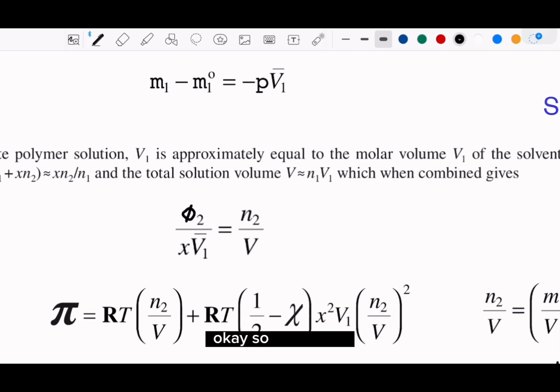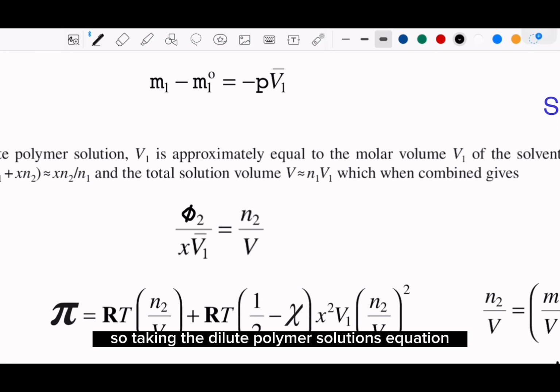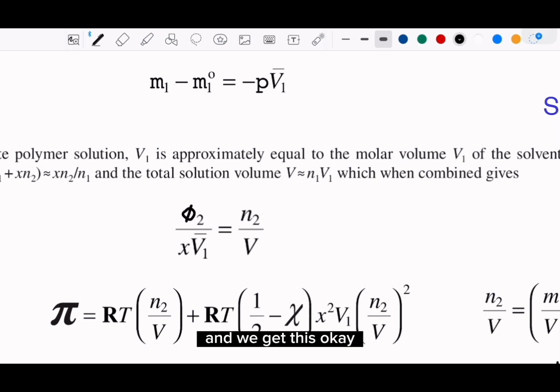Okay. So within this approach, we could take this from the solutions before, and then we could take that into our osmotic pressure equation. So taking the dilute polymer solutions equation, and then put in these relations, and we get this.